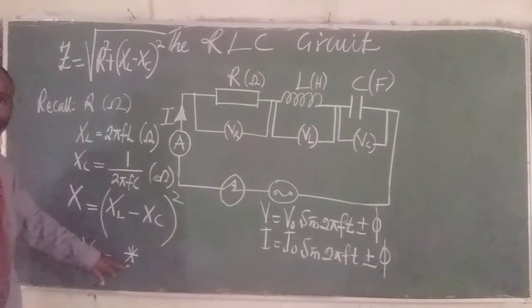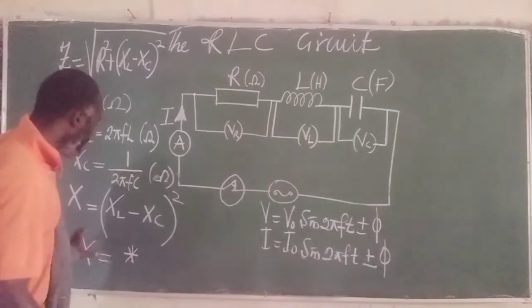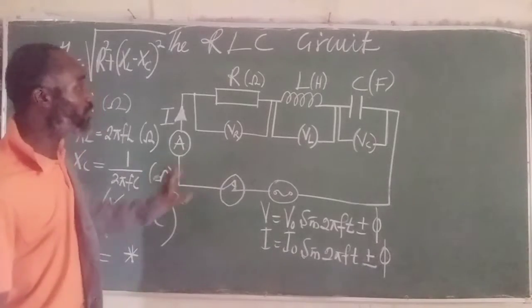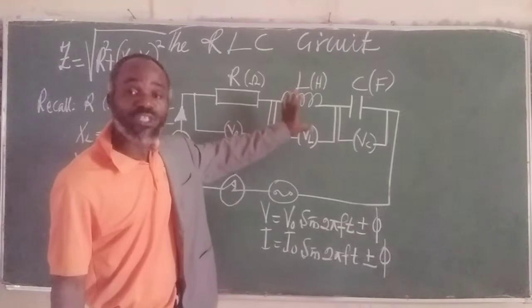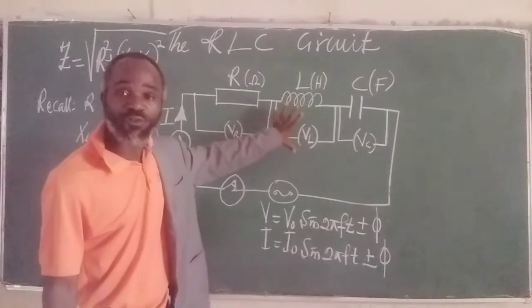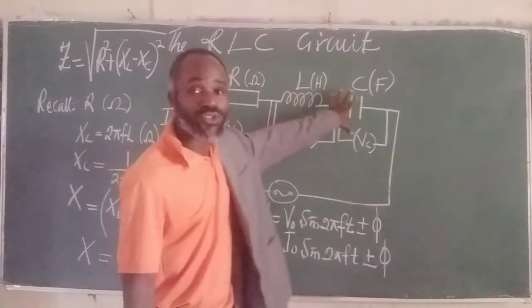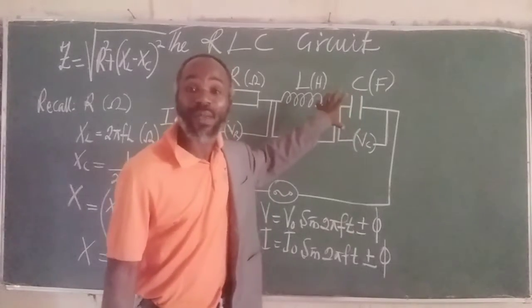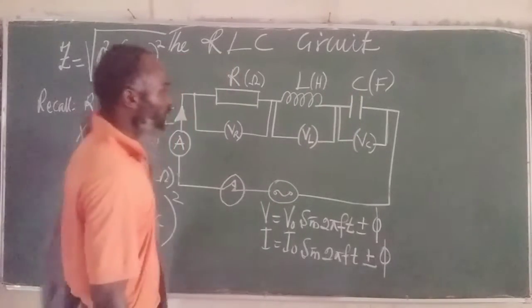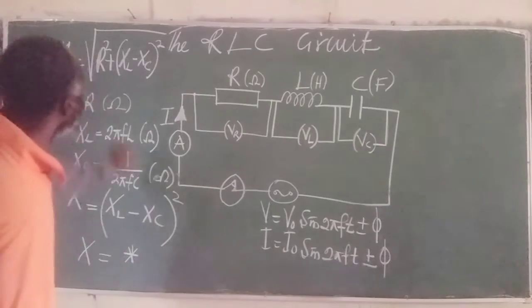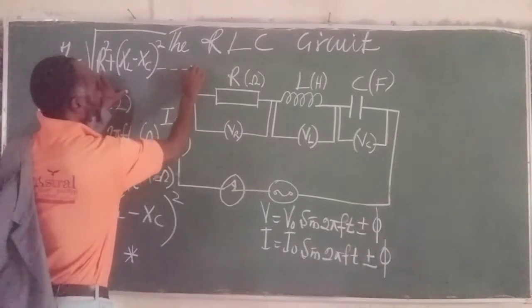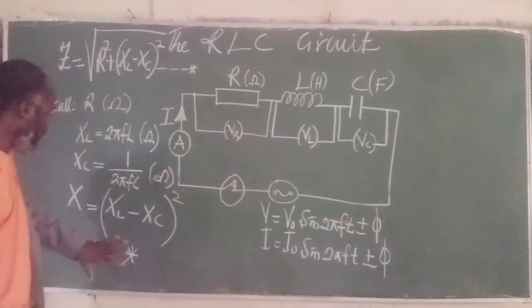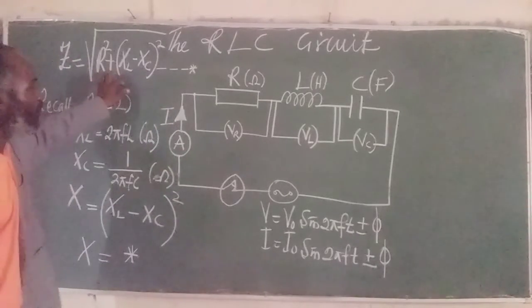It means that X represents the reactance of both the inductor offering some amount of inductive reactance and the capacitor offering some amount of capacitive reactance. So we can now redefine this equation. But before we do that, there is another way to represent this equation.